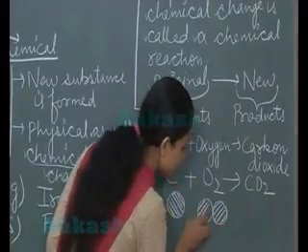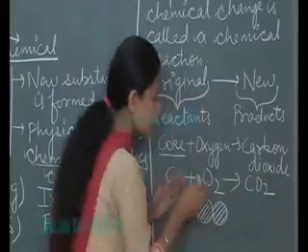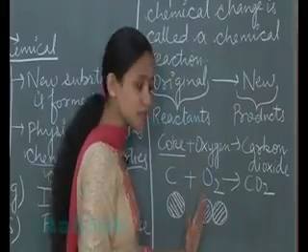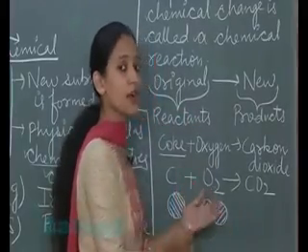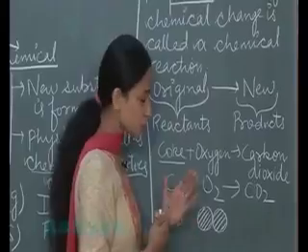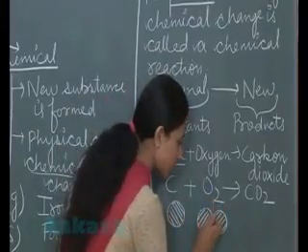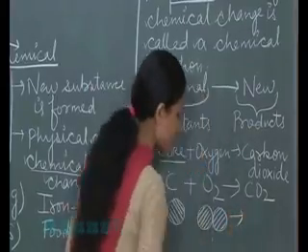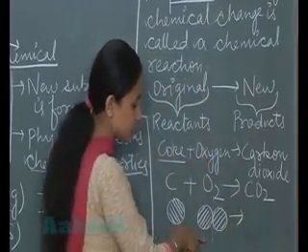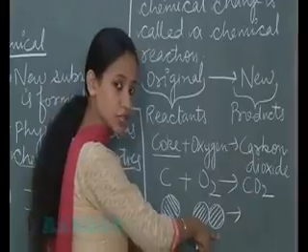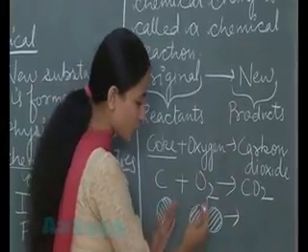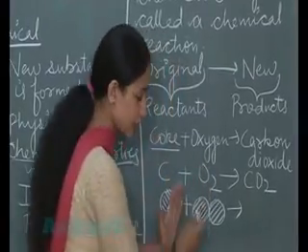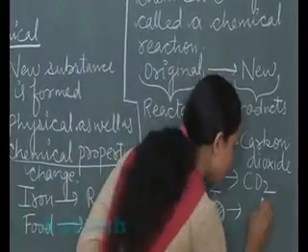Now students, what actually happens during a chemical reaction? There is the breakage of original bonds which are present on the reactant side and the formation of new bonds in the product. So what actually happens? Here the bond between the oxygen atoms breaks. So students, this is the carbon atom, and these are the atoms of oxygen constituting one molecule of oxygen. Upon this reaction, what will actually happen? This bond will break on the reactant side and new bonds will form.